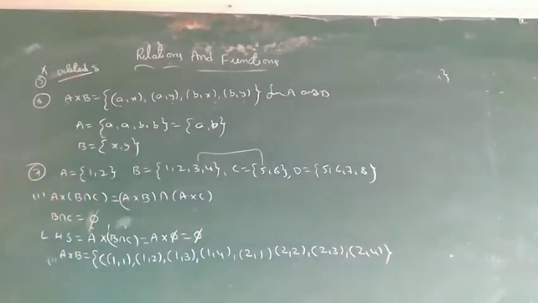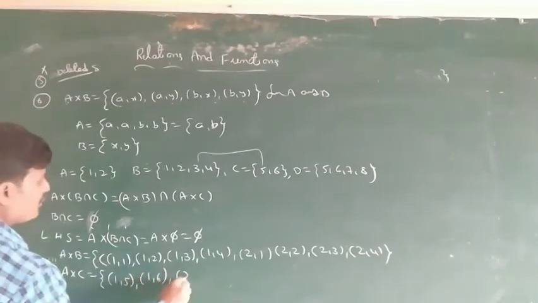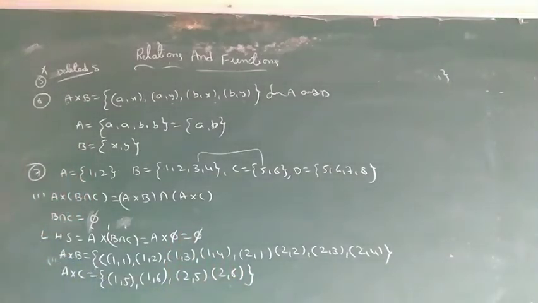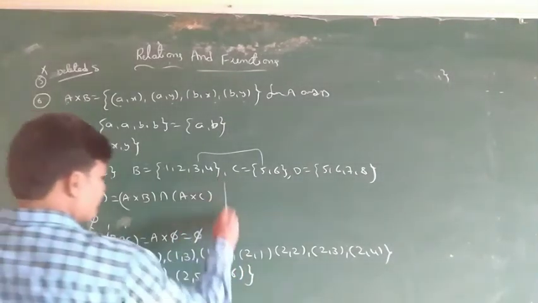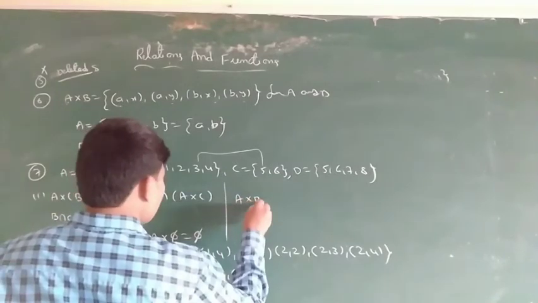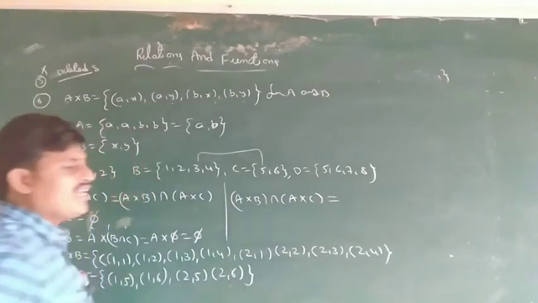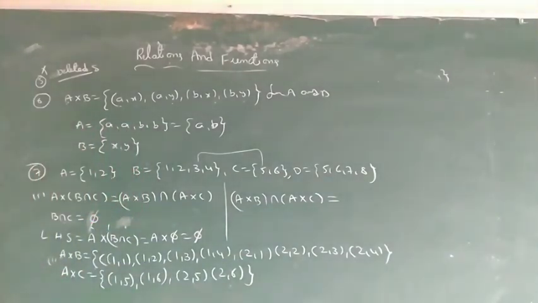This is A cross B. Now A cross C, where A is {1, 2} and C is {5, 6}: (1,5), (1,6), (2,5), (2,6). What is the next one? (A cross B) intersection (A cross C).